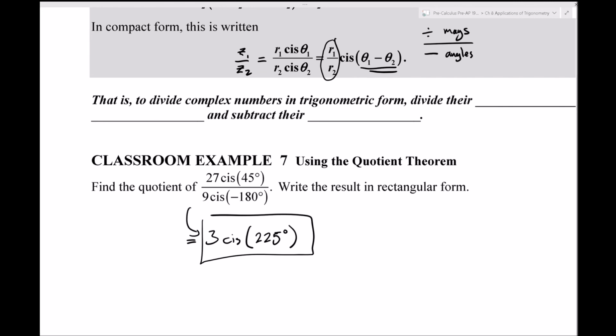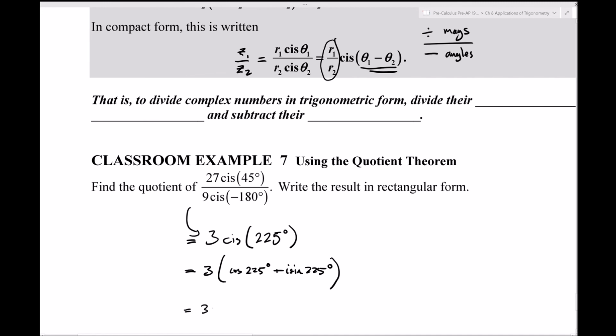But they want it in rectangular form because they're jerks. So we'll go ahead and entertain them. That's 3 times cosine 225 plus I times sine 225. Unit circle, hopefully you have that handy. What's cosine 225? These are square root of 2 over 2 and negative square root of 2 over 2, depending on what quadrant we're in. This one's quadrant 3, so both of them are negative square root of 2 over 2. Hopefully we're okay with that.